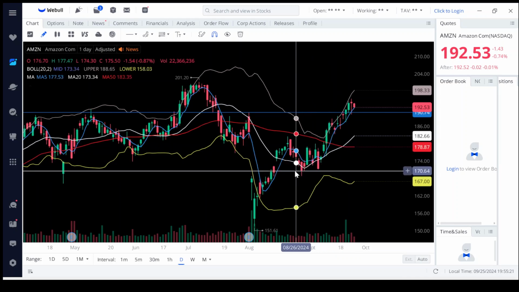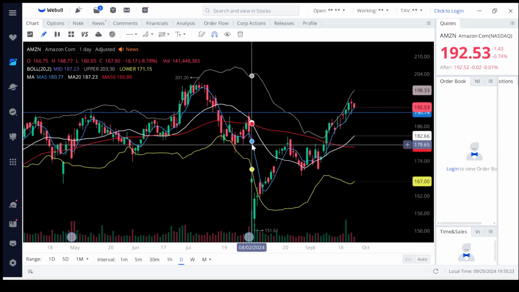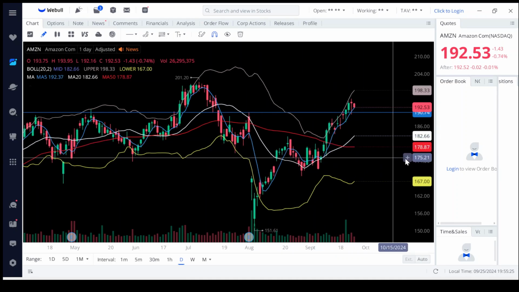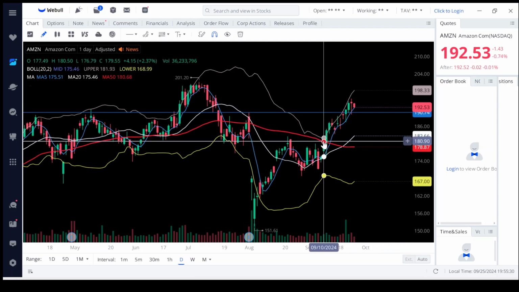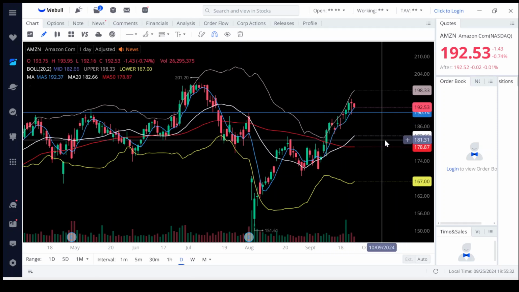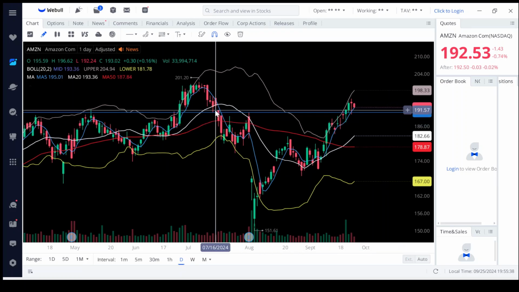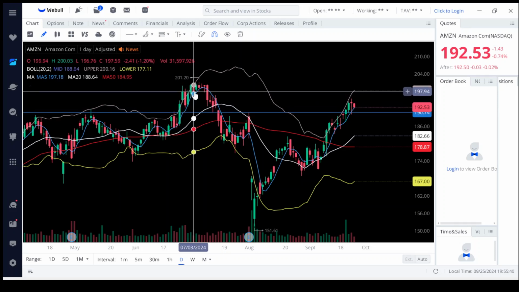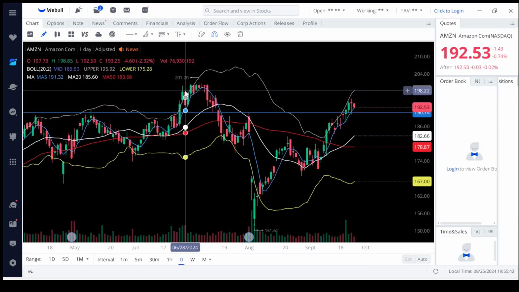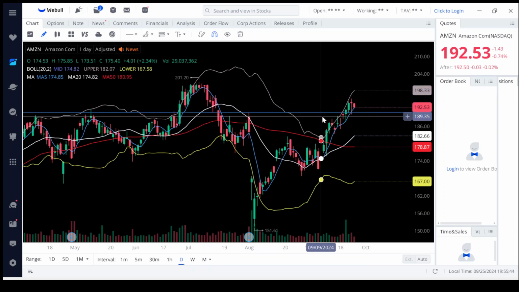We also have confluence here with the rising 20-day moving average sitting at 182.66. As things move higher on Amazon, as long as 190 can hold, this thing can push up to easily 198 to even 200 and retest previous all-time highs. We're only about $10 away, so that is possible over 190 right here on Amazon.